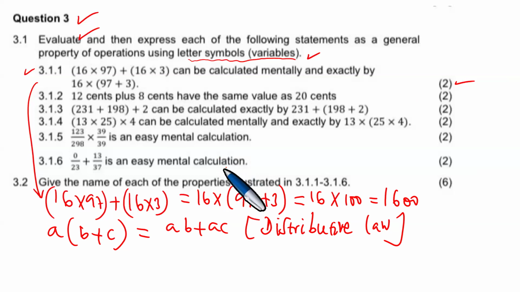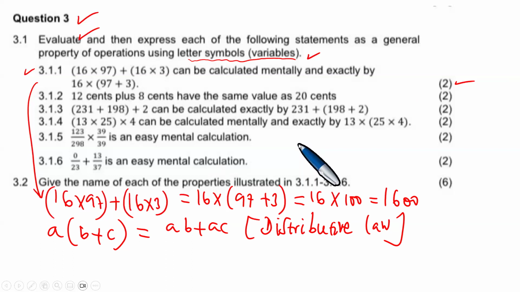All right. So now number 3.1.2: 12 cents plus 8 cents have the same value as 20 cents. So we need to evaluate, and then express each of the following as a general property.